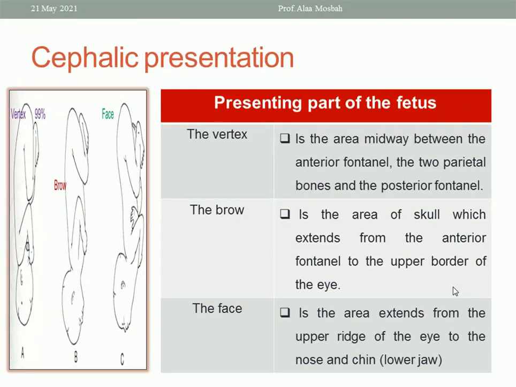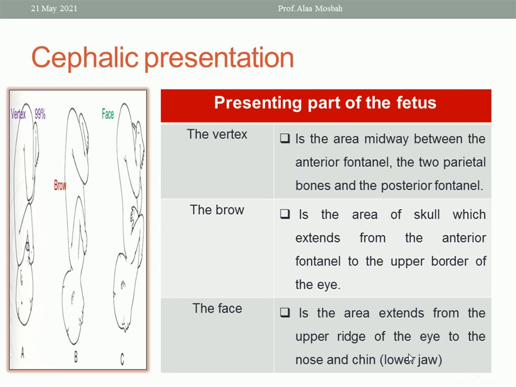So what about cephalic presentation? Cephalic presentation may be vertex, as in this picture, brow, as in this picture, or face, as in this picture. In case of vertex, what is the presenting part of the fetus?